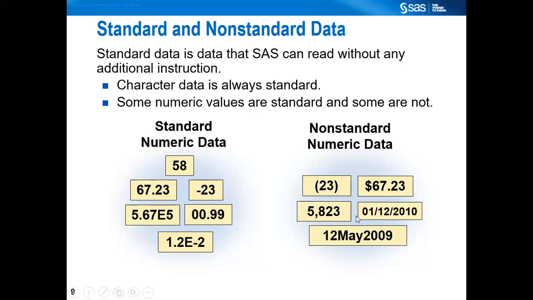So this is all non-standard numeric. This is numeric standard. Exponential and decimals are a part of standard data. Character data is always standard. Some numeric values are standard and some are not. So this is an example of non-standard. This is an example of standard. All good? Clear on what is standard and non-standard data?